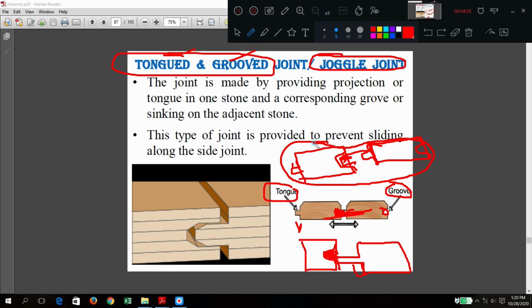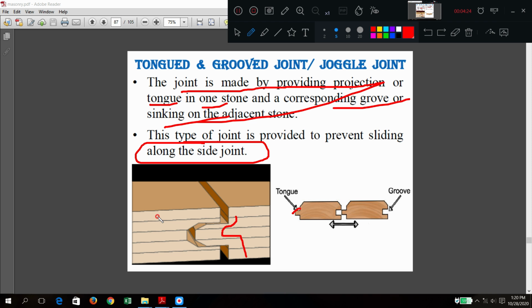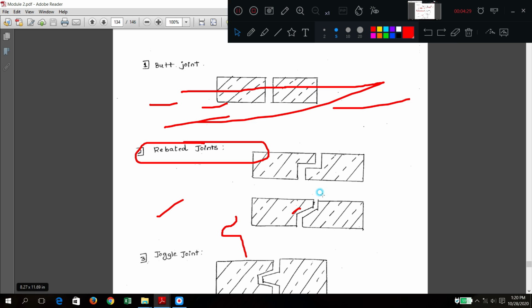The joint is made by providing a projection on one stone and a corresponding groove on another, to stop sliding movement. In a diagram, it should appear like this.